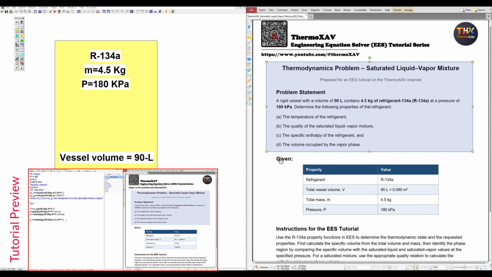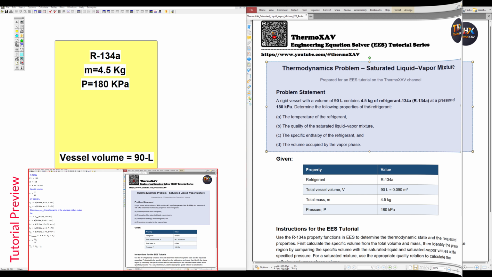When we look at the given data in this problem, we have the type of refrigerant, the volume of this rigid vessel, total mass, and also the pressure. With this volume and the total mass, we can find the specific volume for this refrigerant. So we can start with the EES software.